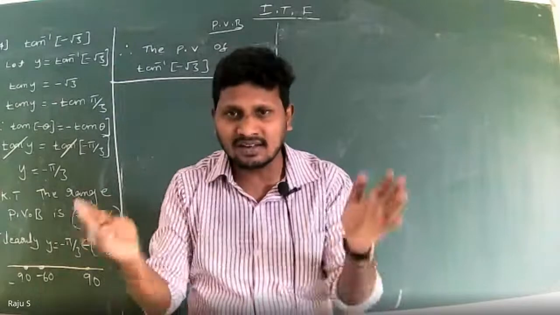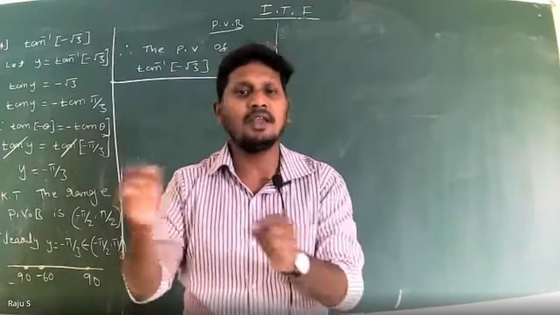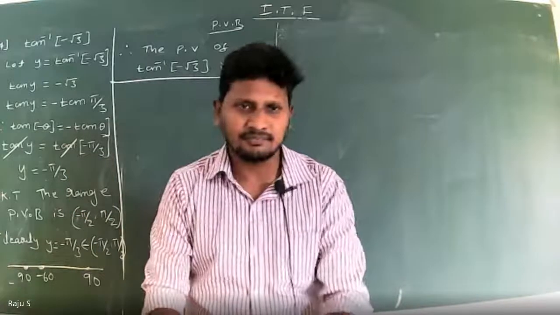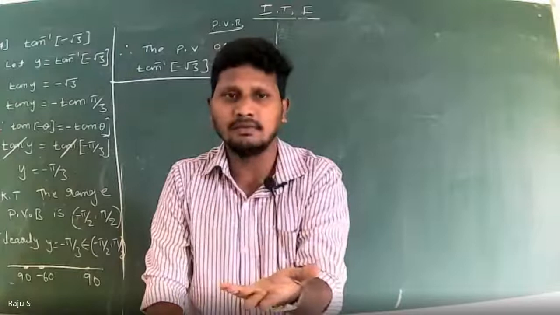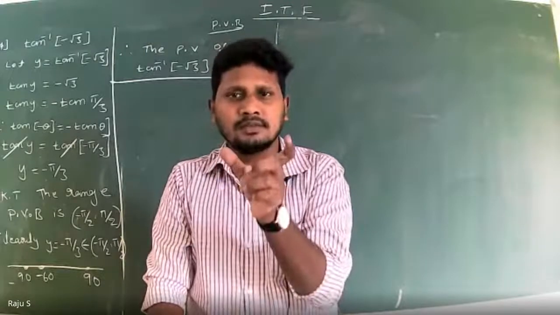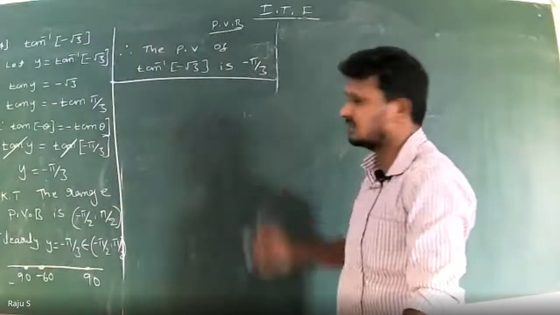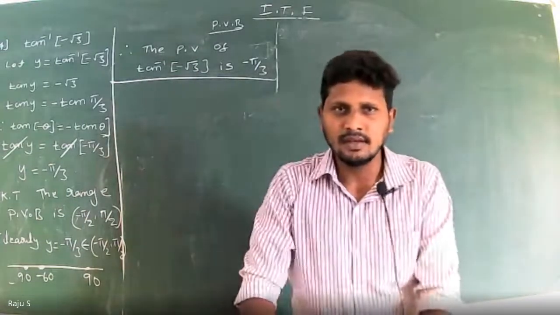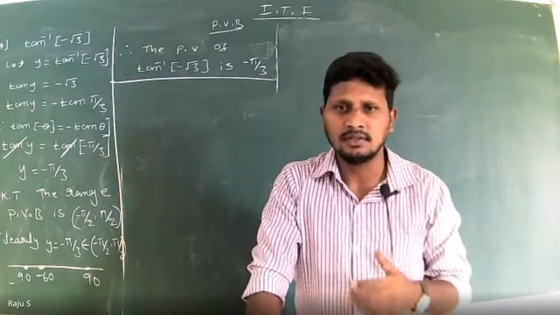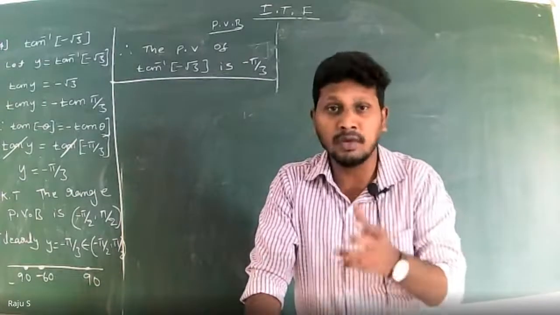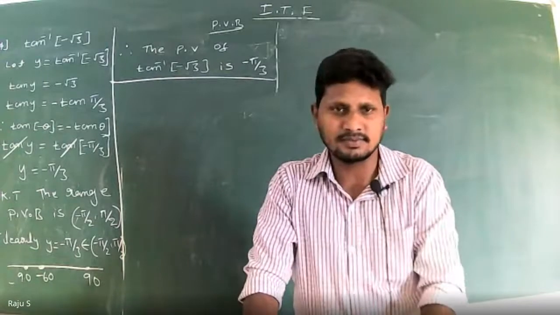So we restrict the domain to minus 90 to 90. Infinite intervals are there, and in that I am taking minus 90 to 90 as the principal value branch. One interval we can take as principal value branch, but I am taking minus 90 to 90. That's the reason I am saying, if you are absent for the basic class, you may not be 100% able to understand the next concept.